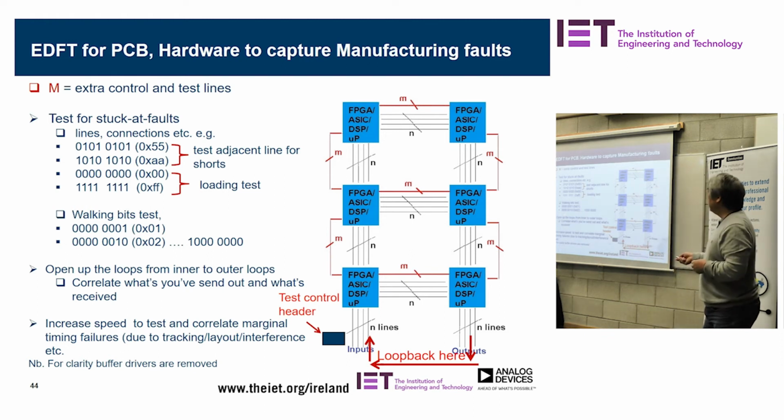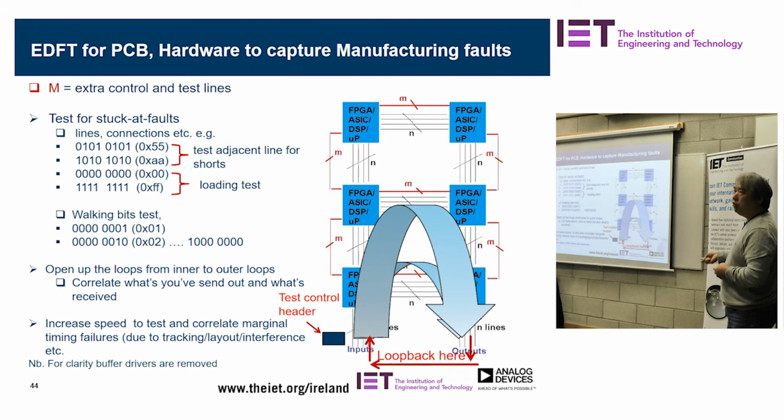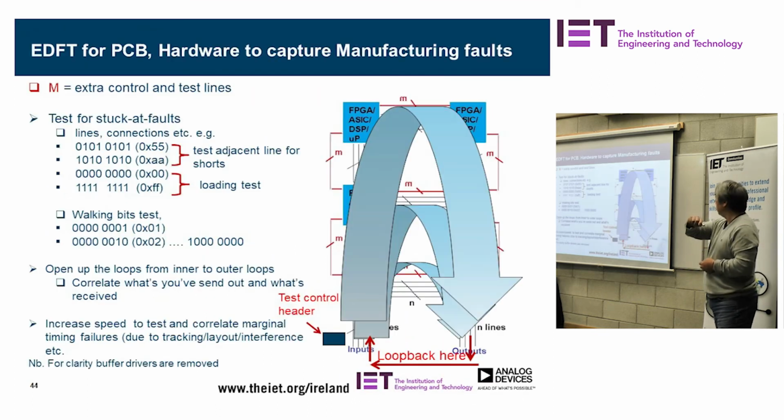Then you do a bit walking test and walk your bits over the lines. With this, you connect a loop, send the information back, loop it back, and when you know this is working, you open a bigger loop. Then you open more loops, and more loops.